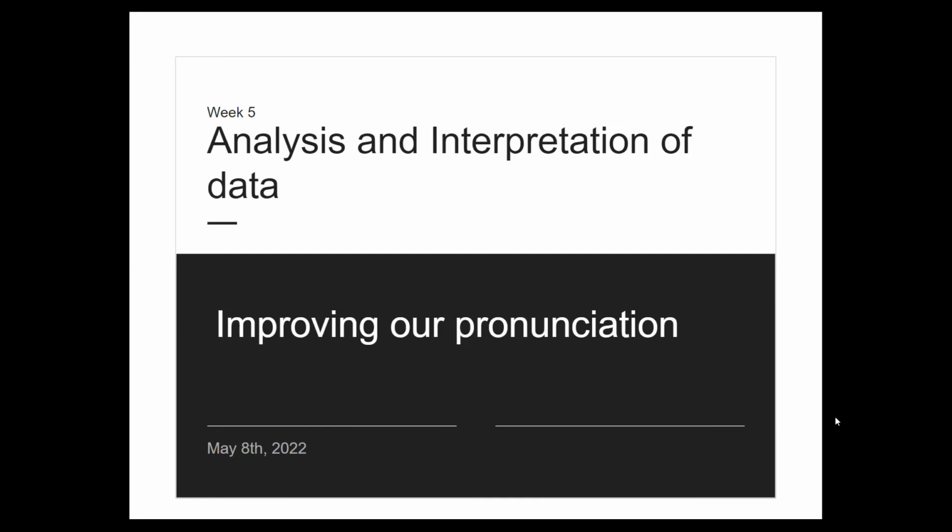For example, if you have administered a test, you can point out results from 0 to 10, from 10 to 20, and then you write the number of students who have gotten different scores.